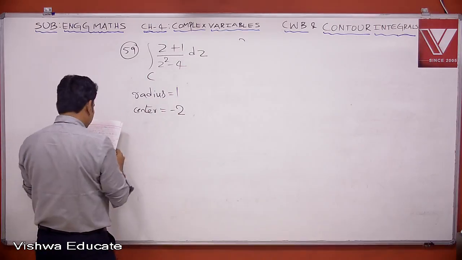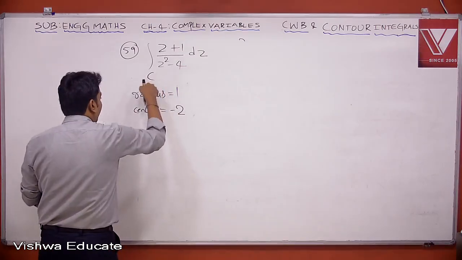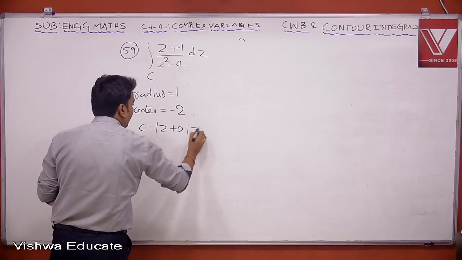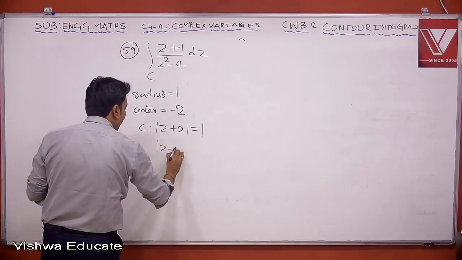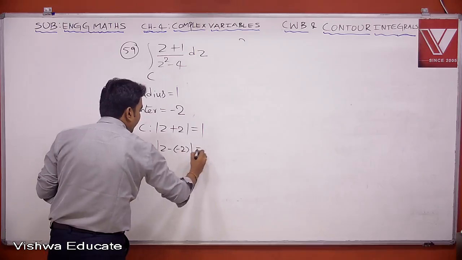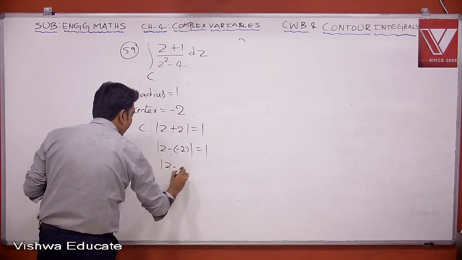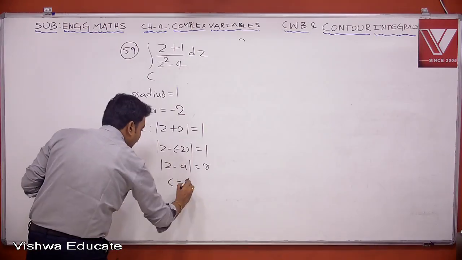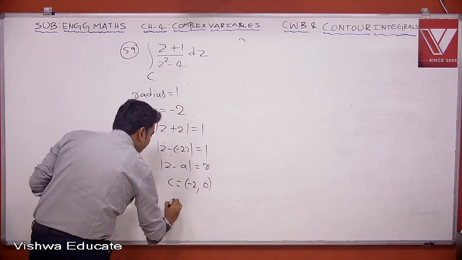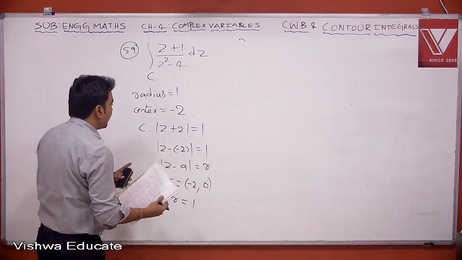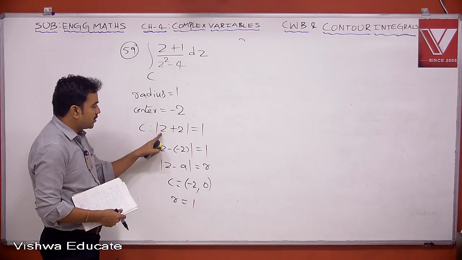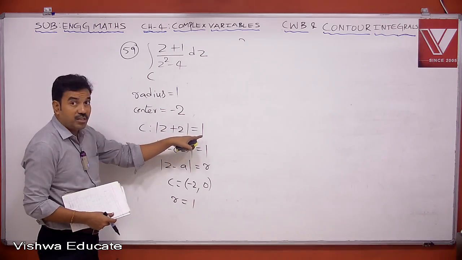That means the equation of the circle is modulus of z plus 2 equal to 1, because this is modulus of z minus of minus 2 equal to 1. So it is in the form modulus of z minus a equal to r. Center is minus 2 comma 0 and radius is 1.